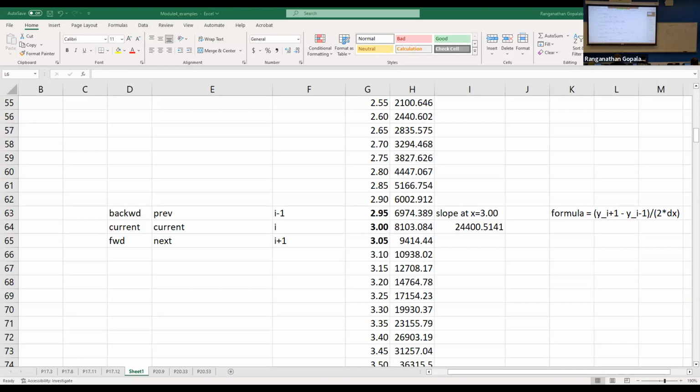Third order, but that will be confusing because the error is of the order of h squared. Let's say you pick out this formula and compute the second derivative for the data set that I have. So I'll give you a minute to write down this formula on your notebook or your Excel sheet, and then I'll switch to my data.